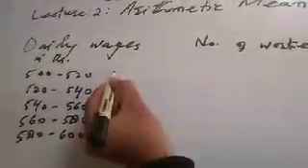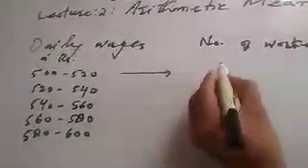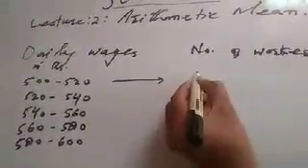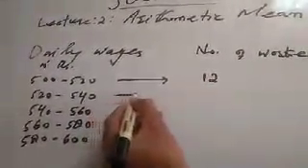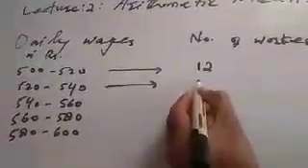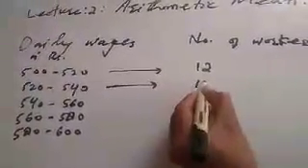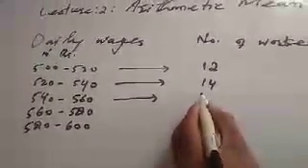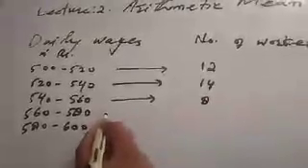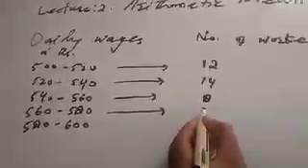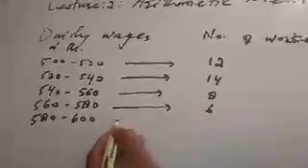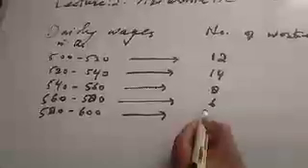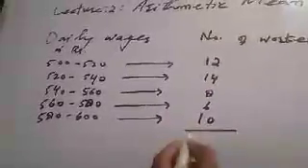The number of workers for 500 to 520 is 12, for 520 to 540 it is 14, for 540 to 560 it is 8, for 560 to 580 it is 6, and for the last, 580 to 600, the number of workers is 10, and the total number of workers is 50.